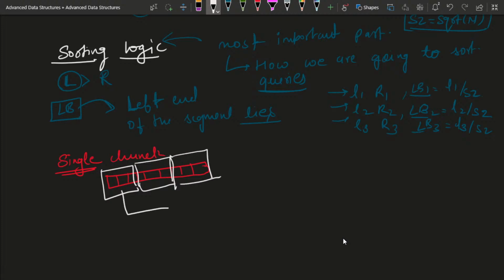Now I am considering only this single chunk, and in this chunk we can have 3 elements or 4 elements, whatever they may be. For each chunk I am sorting my queries. If this is my chunk, I am considering all the queries where the left end lies in this chunk. This is chunk 0, this is the first chunk and this is the second chunk.